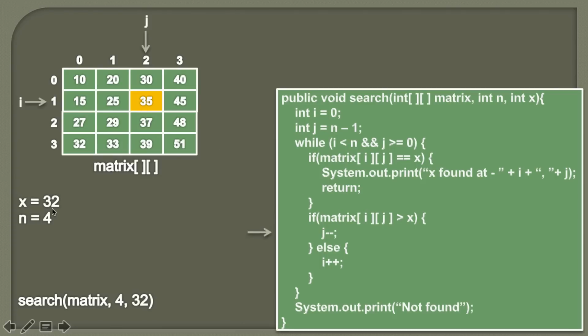As 35 is greater than 32, we know that 32 must be lying somewhere to the left of 35. Therefore, we simply go one step left to 35, which is nothing but decrementing j by 1. So it would look something like this, that the value of j becomes 1.